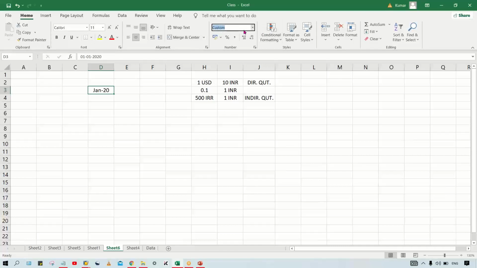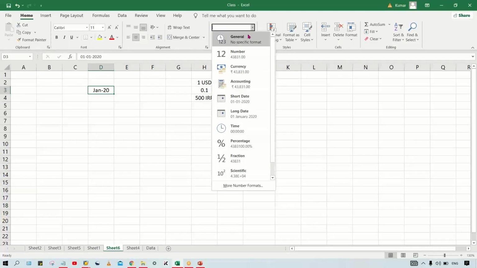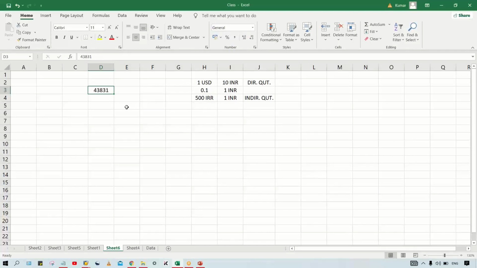Let me make it. Right? 1 divided by 20. So now here, first of all, point, then 0, then again 0, then 100. Okay, this is the rate, 0.05.